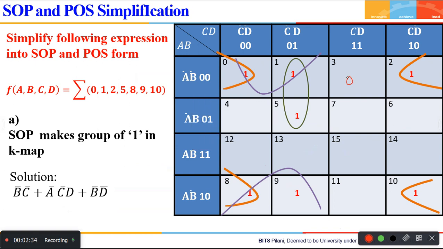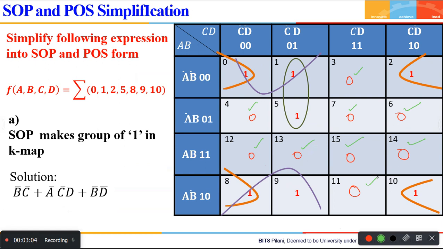That means you put 0 here, 0 here, 0 here, and then 0 here, 0 here, 0 here. Wherever you don't have 1, in that place you try to put 0. So I am just putting 0, 0, 0 here, there is no 1 here, 0, 0, 0, 0.